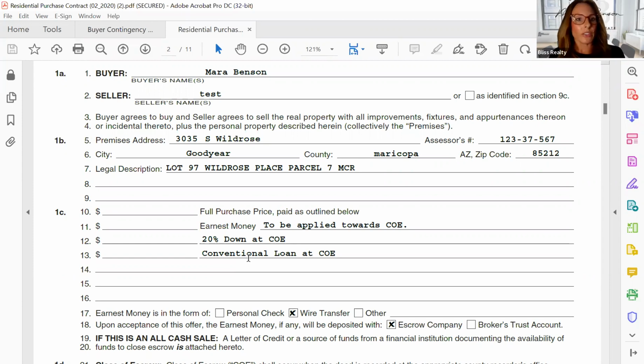If you change lenders, if you change the loan and you go from conventional to FHA or to VA, you have to disclose in writing to the seller, and it's got to be on an addendum, or you have just breached the contract. They can go after earnest. So this is really, really important.